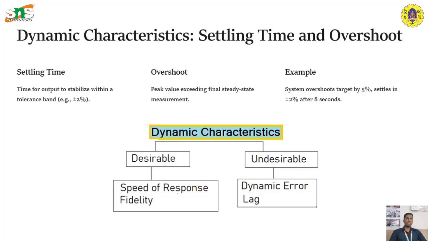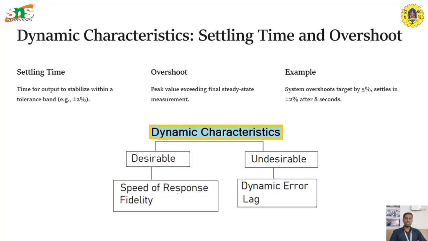So if you are looking for a good instrument, what will be your take on the parameters listed here? The first parameter is that the system overshoots the target by 5%. That means it exceeds the steady state value, and then comes back to the actual true value, settling within plus or minus 2% after 8 seconds. First, let us talk about the time. After overshooting, it should return within a very short time.